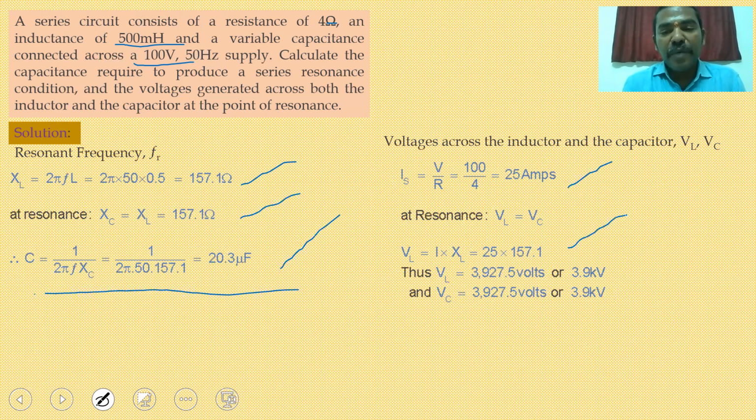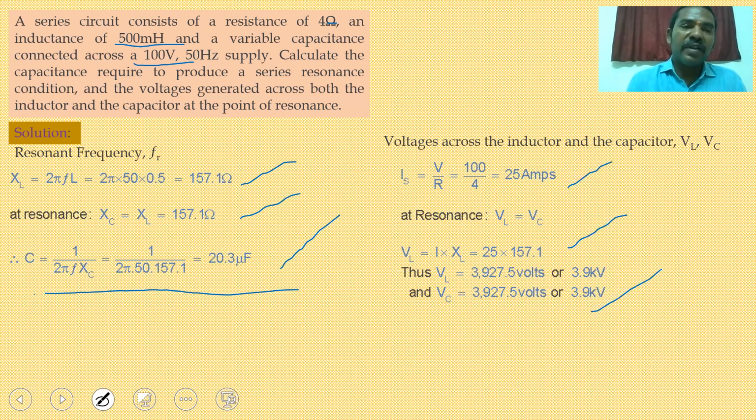We are getting approximately 3.9 kilovolts. Similarly, voltage drop across the capacitor, I into XC, there also you can get 3.9 kilovolts only. So this is the calculation for the different types of problems under series.